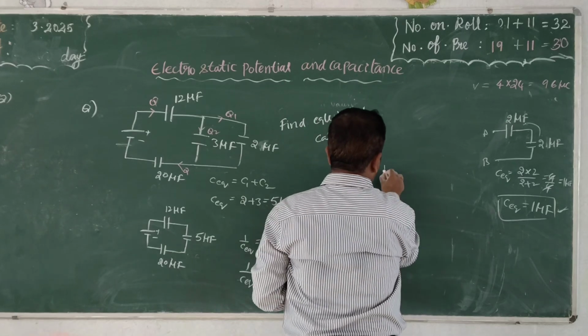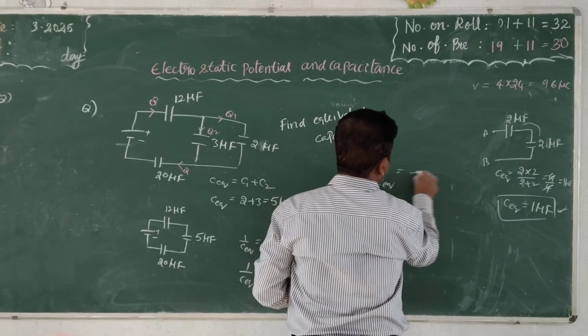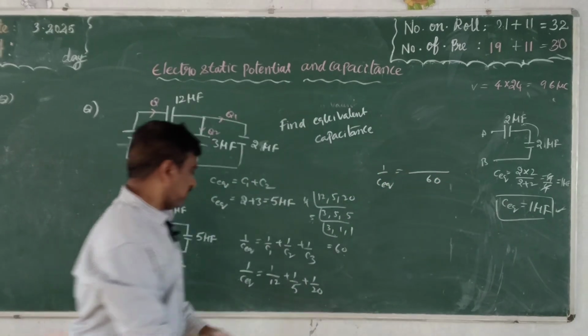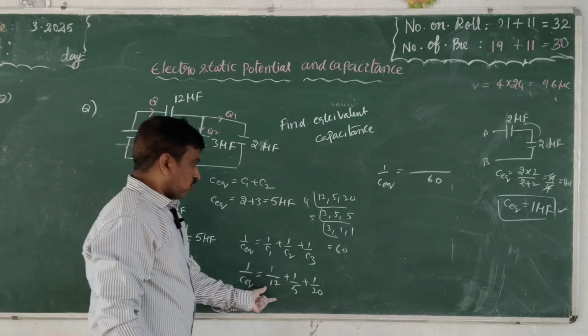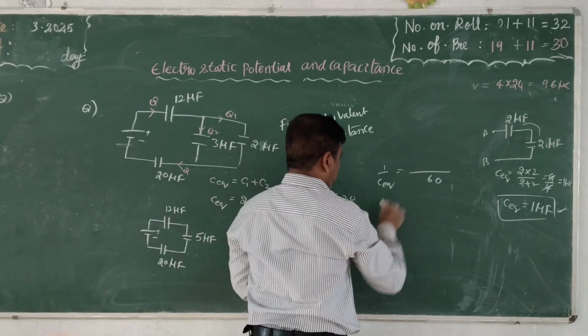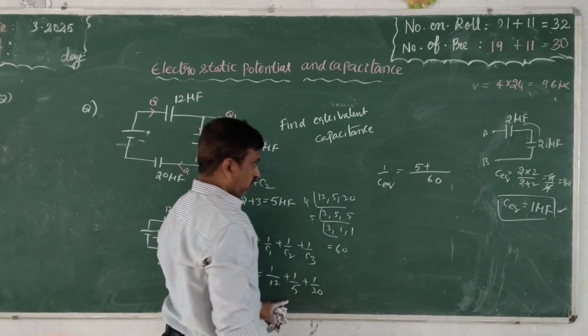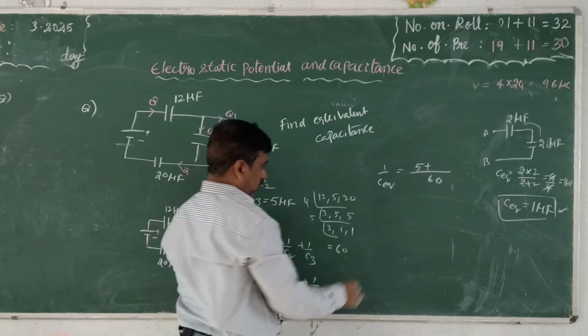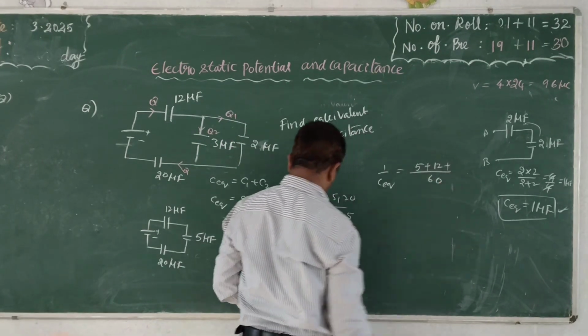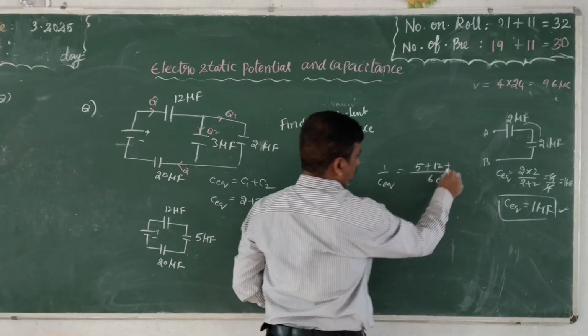So 1 by C equivalent equals 1 by 60 times... 12 how many times in 60? 5 times. So 5 into 1, 5. For 12, 60 by 12 gives 5. For 20, 3 times, 3 into 1, 3.